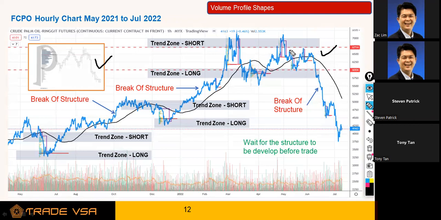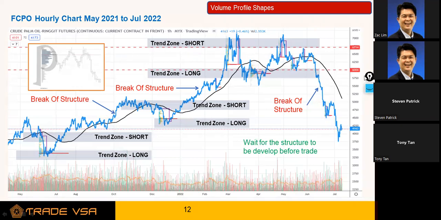So when it broke down here, there was a very high chance it was going down already. You already form a double top, something like that. And when you put in the volume, the volume is something like this, exactly the P.